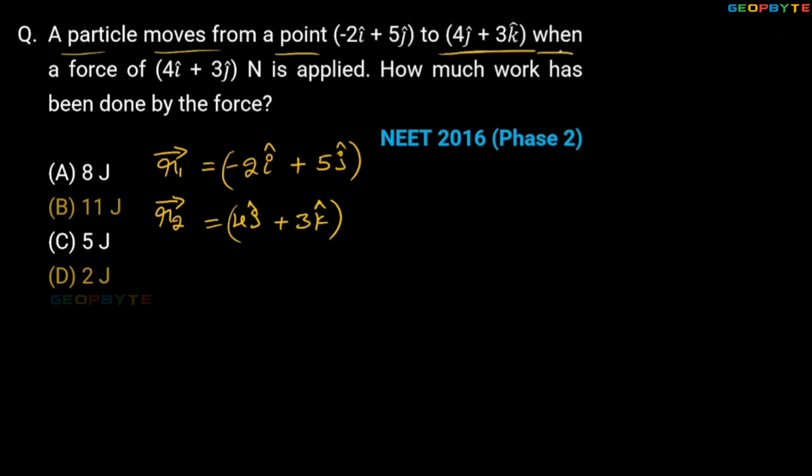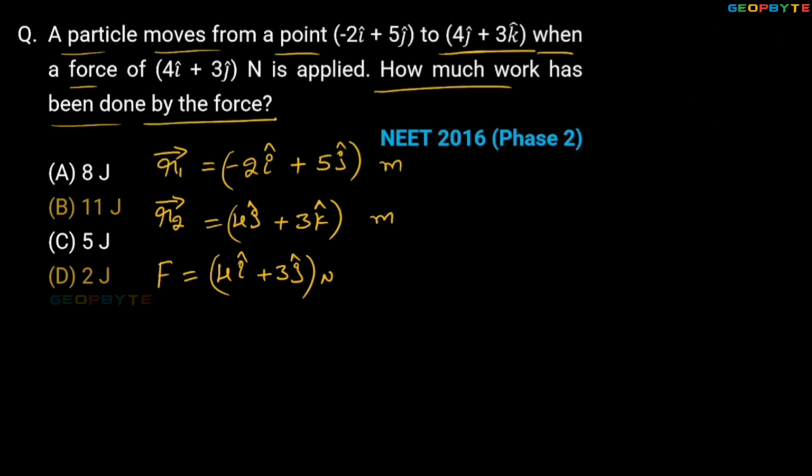A force acts on the particle equal to 4 i cap plus 3 j cap, in newtons. The distance may be in meters. How much work has been done by the force? What is the work done?